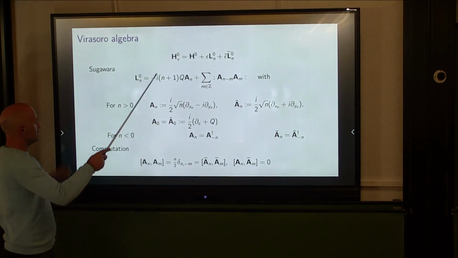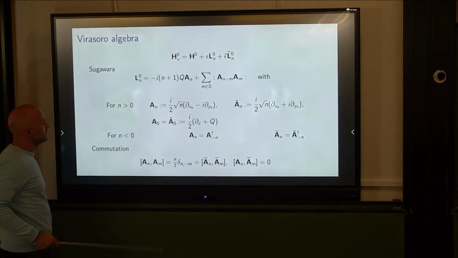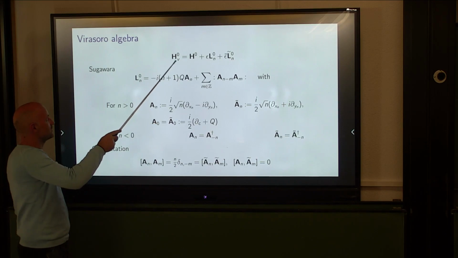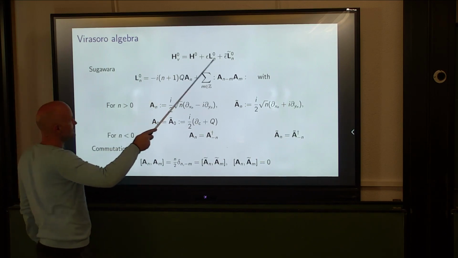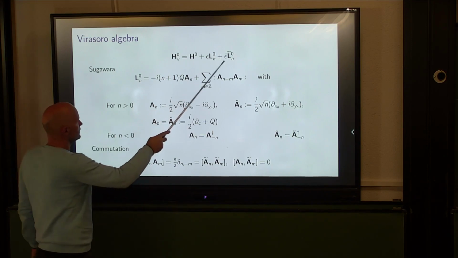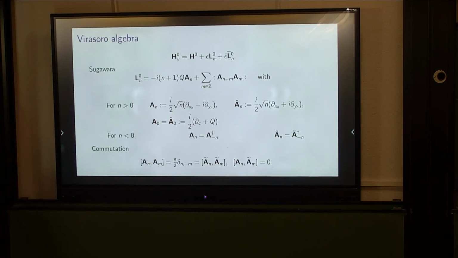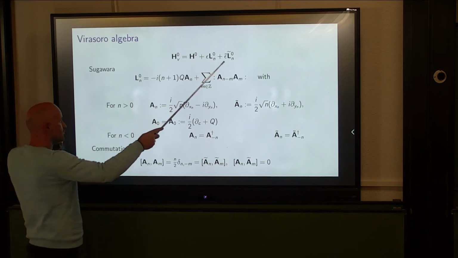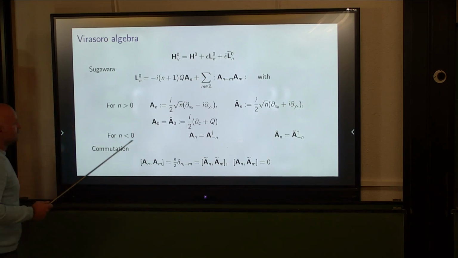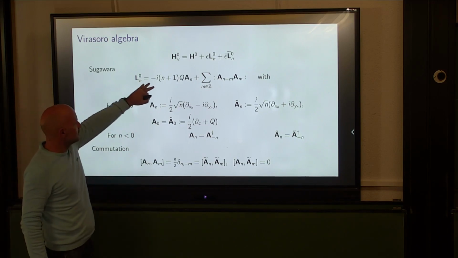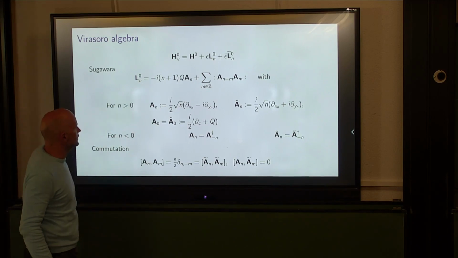So now, when you take epsilon non-zero, you get that your generator is the Hamiltonian of the free field plus some operators L_0n and L tilde_0n. Well, actually, they are the two copies of the Virasoro algebra, but you have a description of these operators L_0n and L tilde.